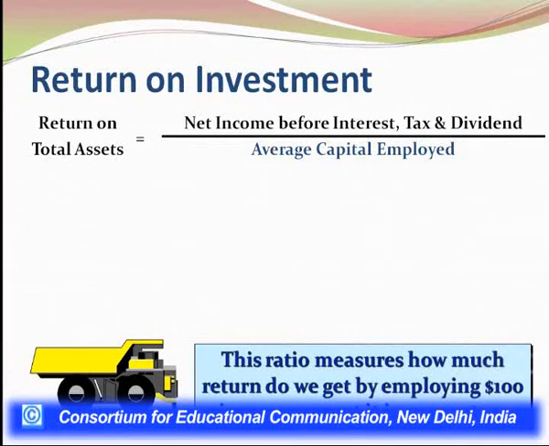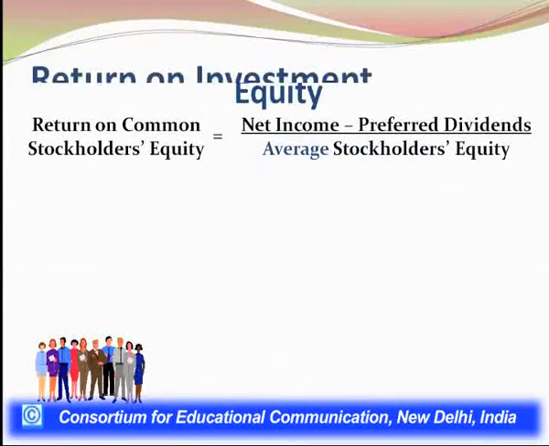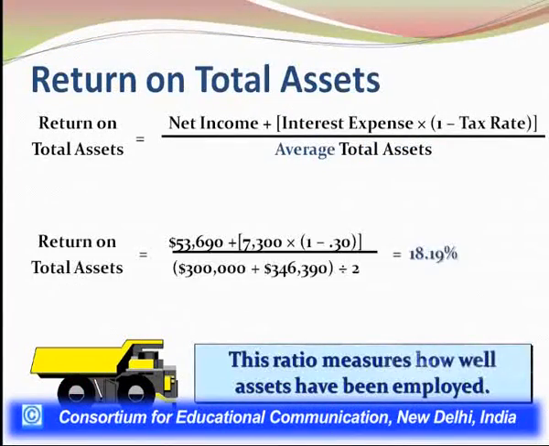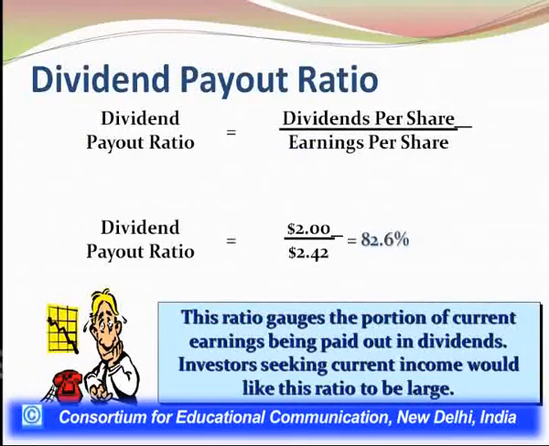As I said in the previous module, return on investment is calculated by taking the profit before interest, tax and dividends, divided by the average investment, and that value tells you how much a company is earning on the investments made by it. So let's have a look at the slide. You have a formula in front of you which says return on investment is equal to, I'm just going to show you the slide, just a second please.